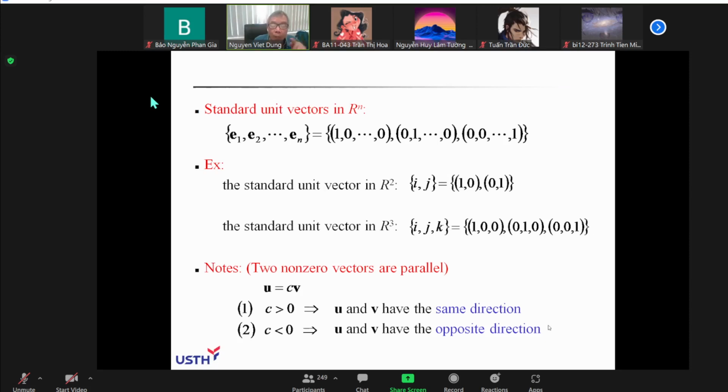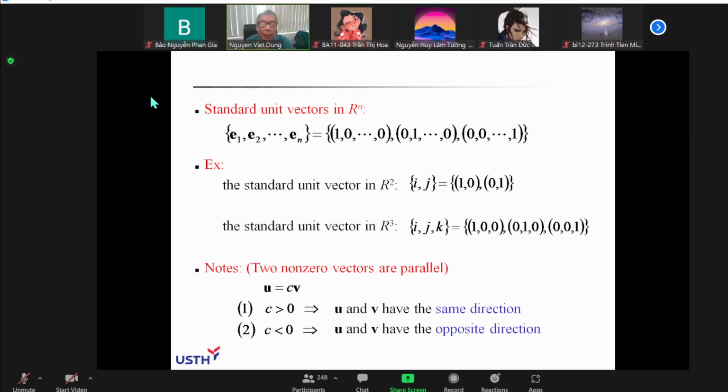You can imagine it by looking at the geometry. u equals c v means u and v lie on the same straight line. c positive means u and v point in the same direction, and c negative means u points in one direction and v points in the other direction.